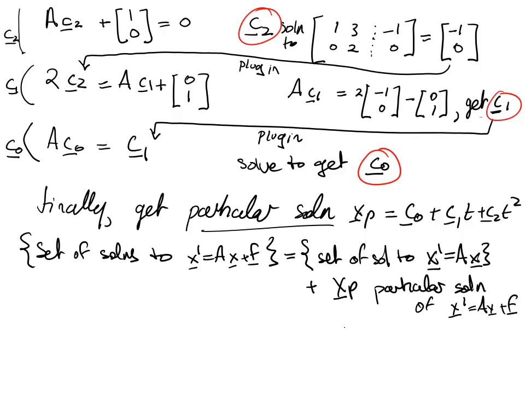And so in particular, what that means is that the general solution to this equation is x equals this thing that I computed above, the particular solution, plus whatever I get from solving the homogeneous system, which I already know how to do.